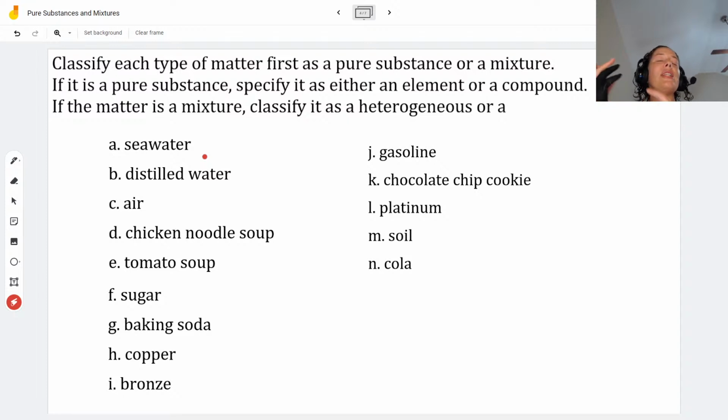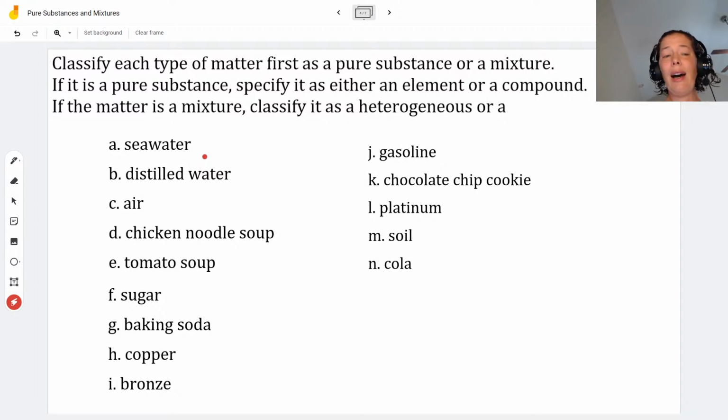Now, an interesting twist you can put on this is if you were to take a sample of seawater, say from in the waves where everything has kind of been mixed around, then you might get some sand mixed in with the seawater. Well, that would still be a mixture, but that would be a heterogeneous mixture. So it's interesting to think about various scenarios and go, well, I could make this a heterogeneous mixture if I did this in a specific way.